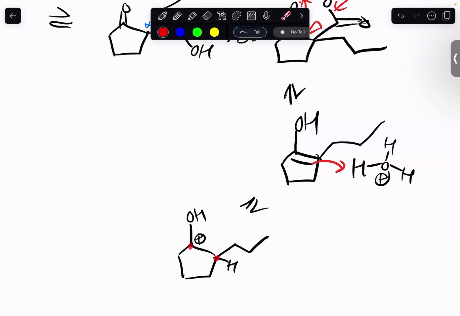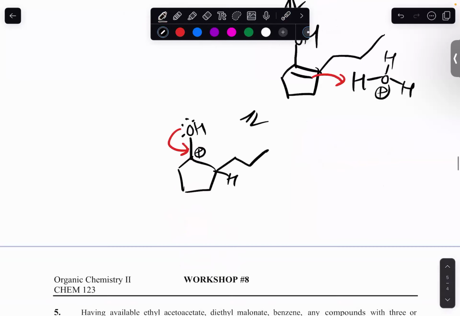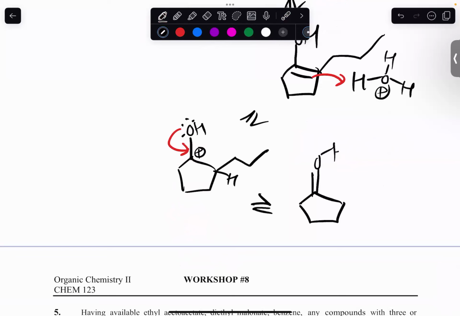This carbon gained the hydrogen, which is why it's still neutral. And then from here, this oxygen with the lone pairs is just going to come down and reform the carbonyl. Last step: the water that was left from the double bond grabbing the proton will grab that, and neutralize.